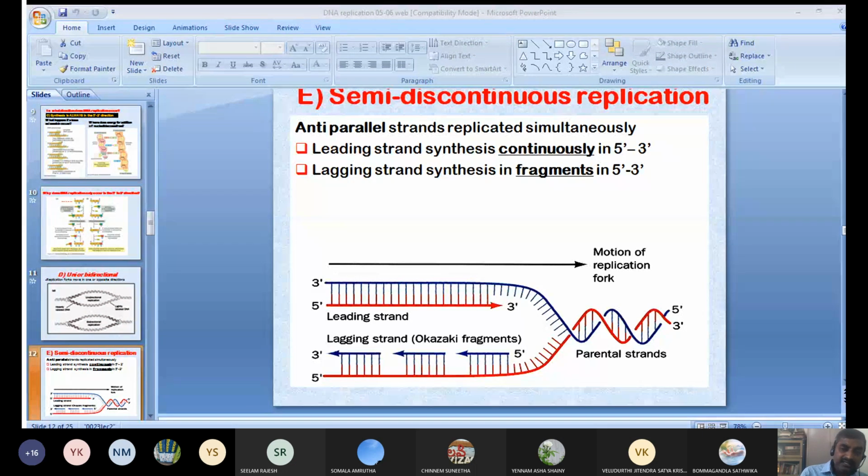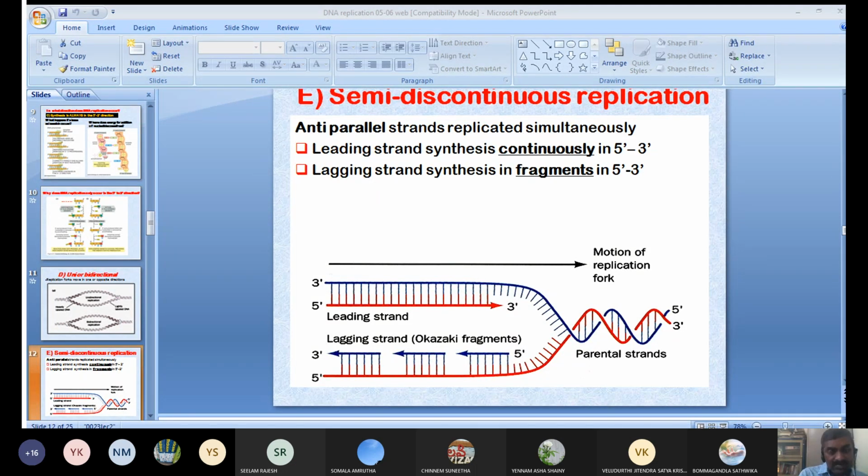The DNA polymerase is also part of a complex which we call replicase. Replicase is a complex enzyme which has DNA polymerase and all other subunits, including helicase, ligase, and primase. So many enzymes are present in the same complex.